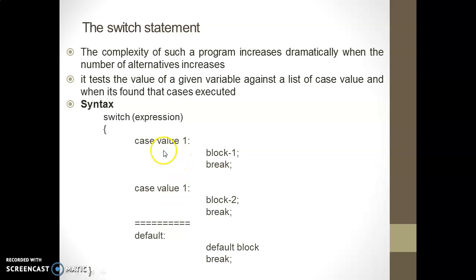And if after checking all the case values none of the values match, then the default case is executed and we break from the switch. So when we write a switch, we have to provide all the possible values for that expression, and if no value is matched, then we have a default case.